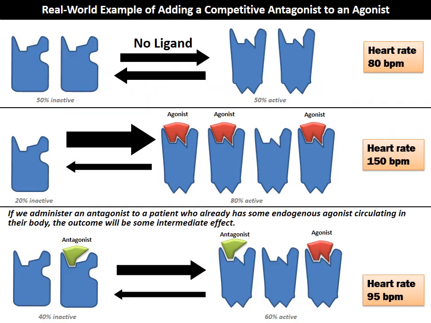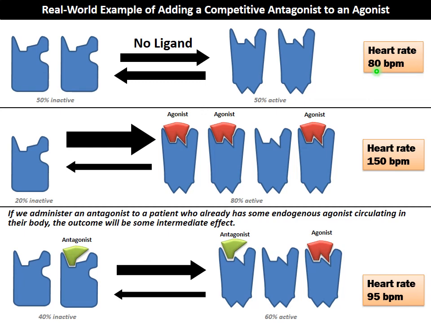Okay, so this is a real-world example of adding a competitive antagonist to an agonist. Now I want you to imagine, again, the sympathetic nervous system as an example. Imagine someone is just resting, and, hypothetically, they have a beta-1 receptor that is half inactive, half active. Maybe their heart rate would be 70 to 80, something like that.